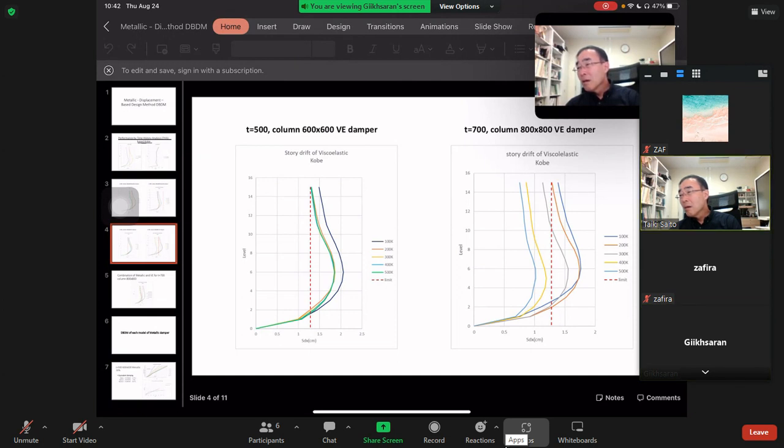But for wall thickness 700, viscoelastic 500% and 400% are good.